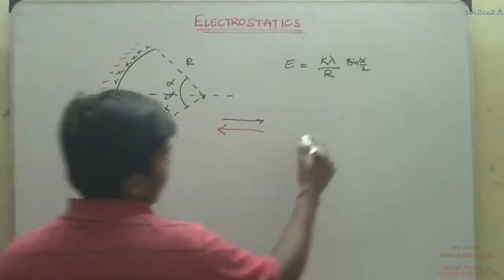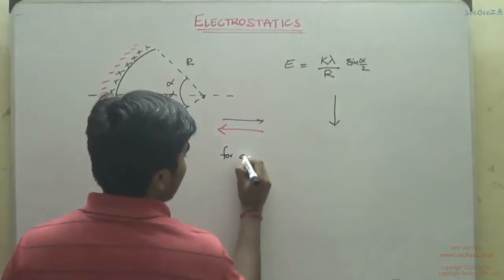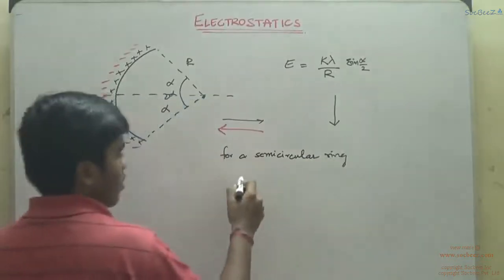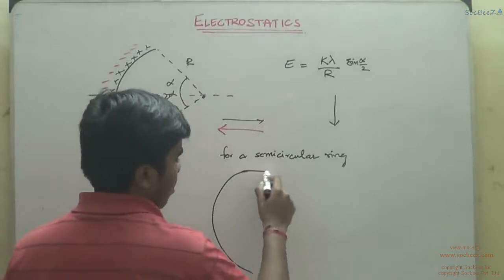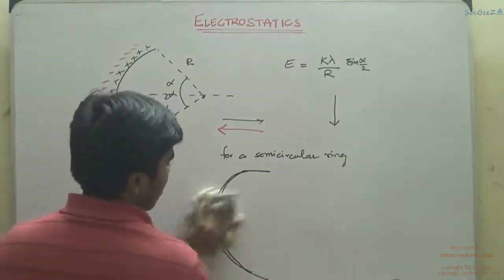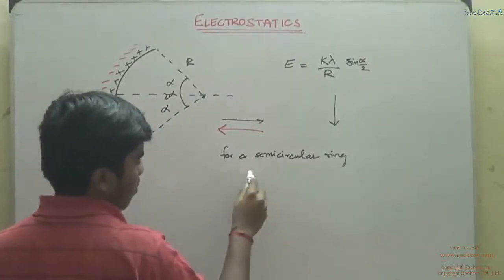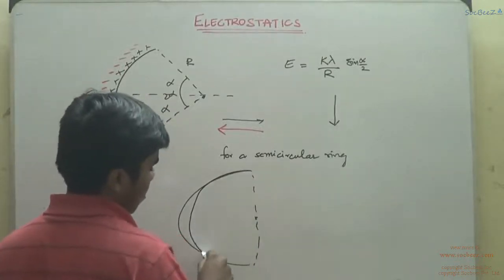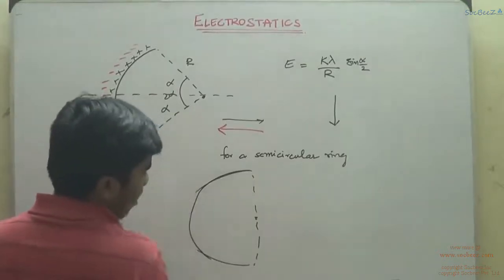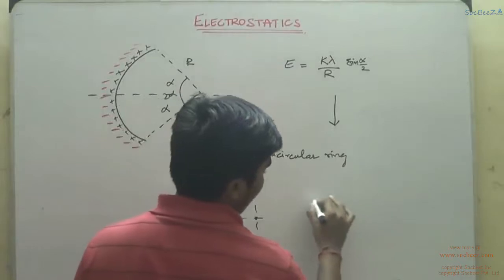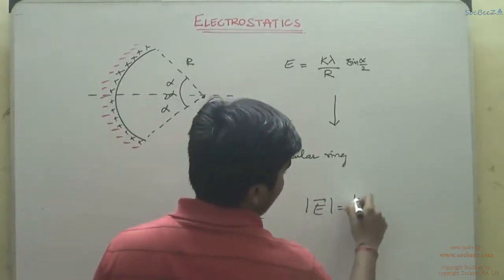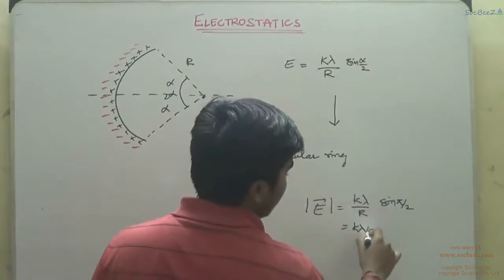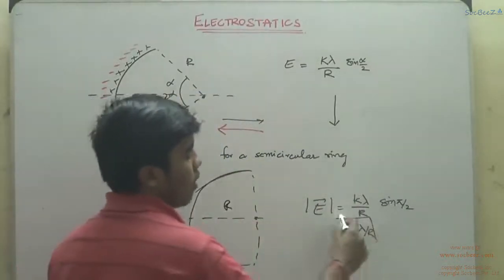So based on this, for a semicircular ring, the electric field here would be equal to K lambda by R times sine of pi by 2. This is an important formula which you are going to use now.